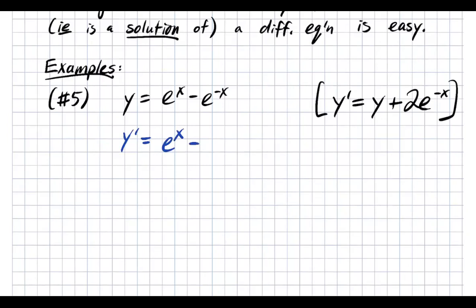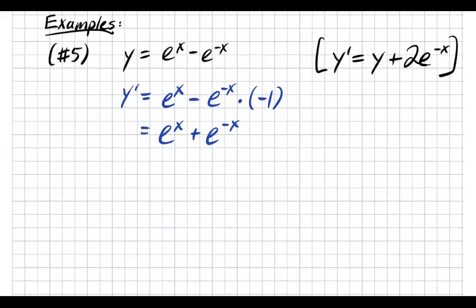So it's going to be e to the negative x, and then we have to multiply by the derivative of the inside function. So the derivative of negative x. And what is the derivative of negative x? It is -1. So we end up getting y prime equals e to the x plus e to the negative x.